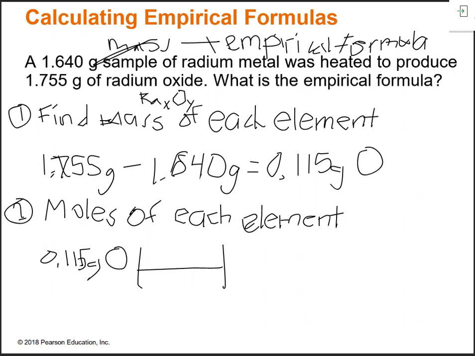That's right. The molar mass of oxygen is 16. You get that from the periodic table. That's going to go in the bottom. And we're going to put 1 mole of oxygen in the top.